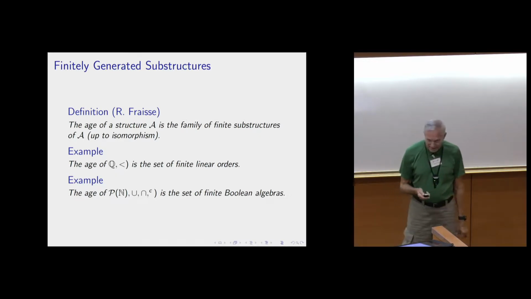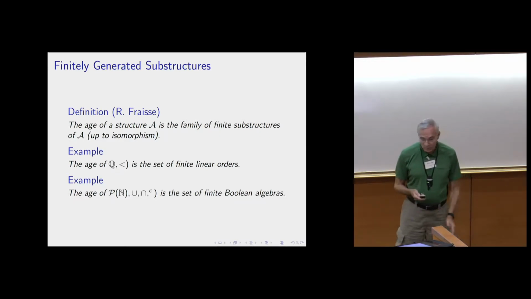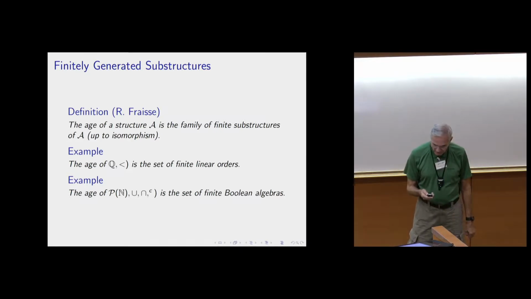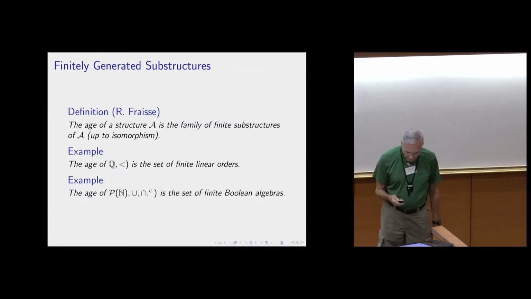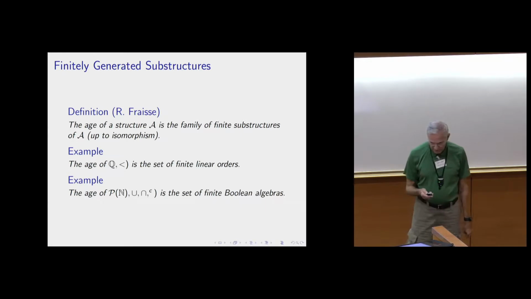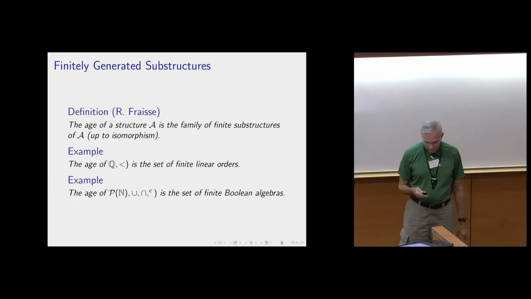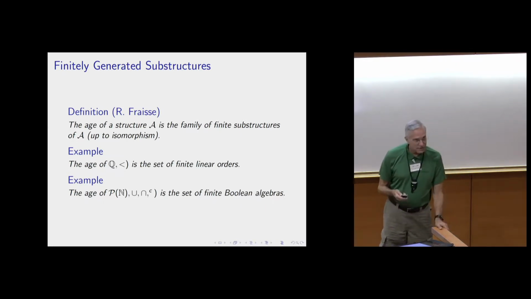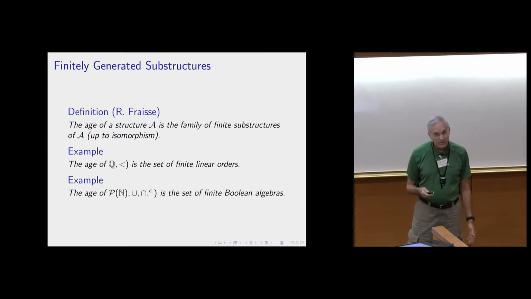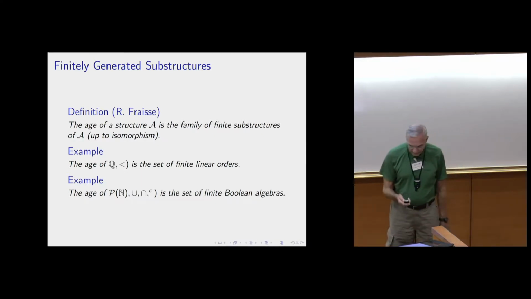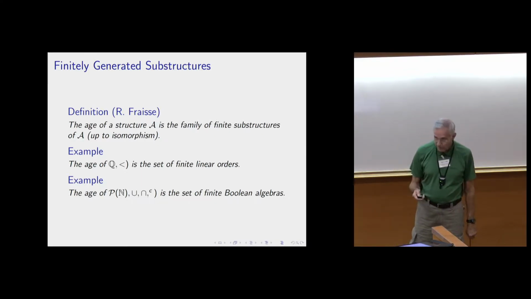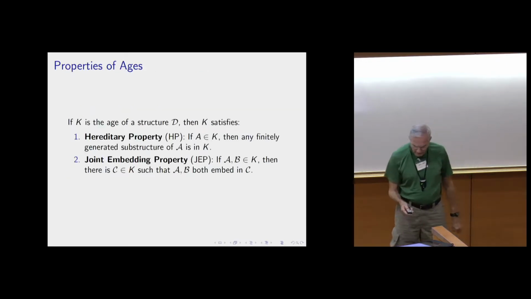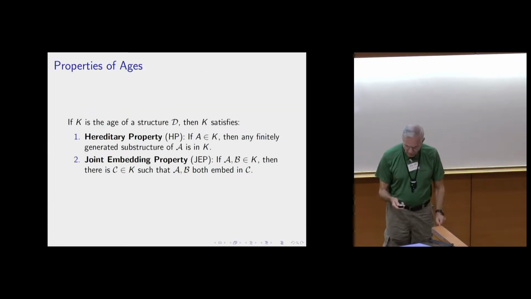For example, if you look at the standard ordering on the rationals, then the age would be the set of finite linear orderings, and then Q can be viewed as the Fraïssé limit. If you look at Boolean algebras, you could look at the subsets of the natural numbers, and then the finite structures are just the finite Boolean algebras.